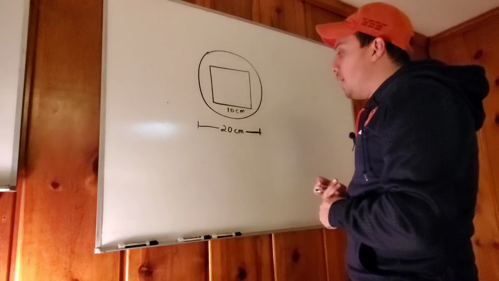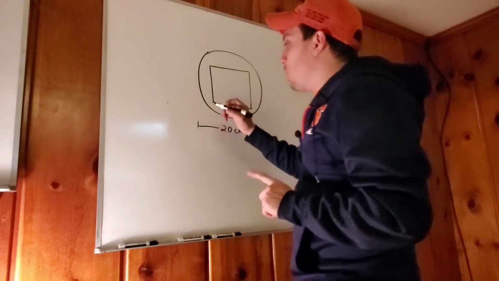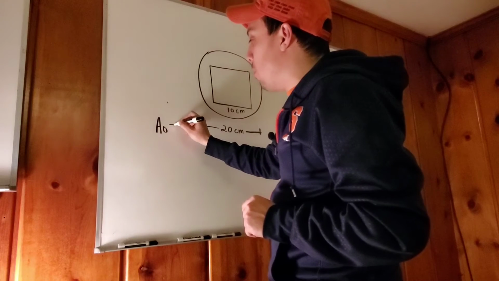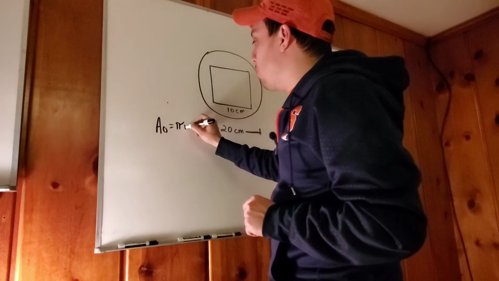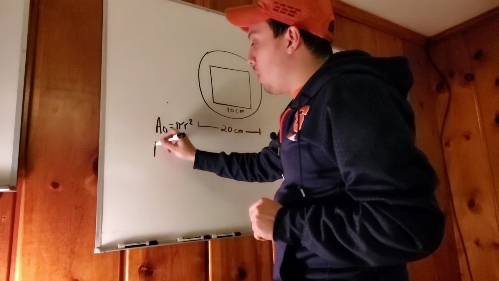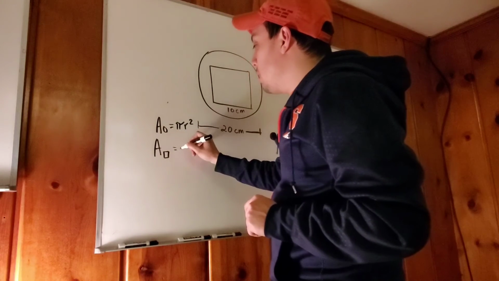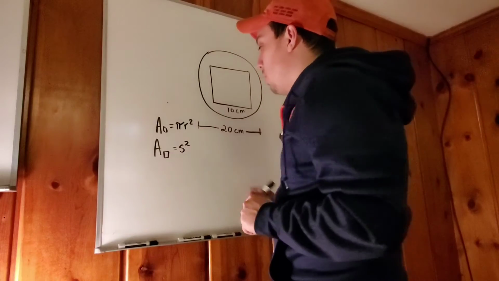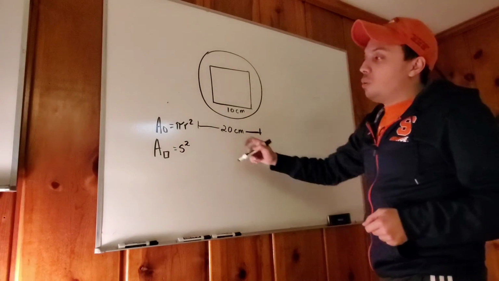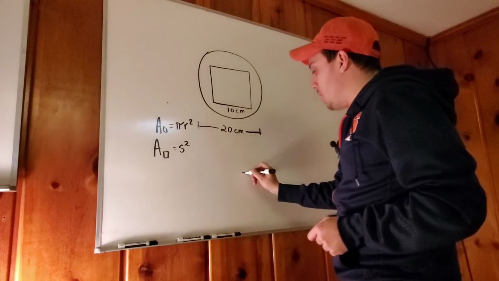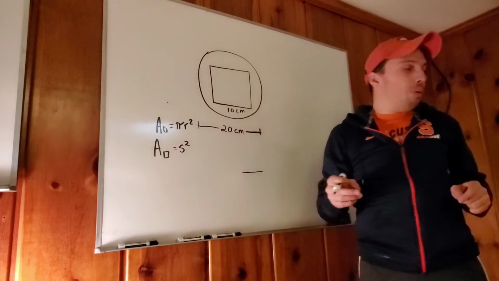All right, so again, we're going to use two things. We're going to use the area of a circle, which we already used in the previous example. Area of circle is pi radius squared, and area of a square is sides squared. Because the circle is bigger, we're going to put the circle in the denominator. And again, I want you to leave pi as pi.